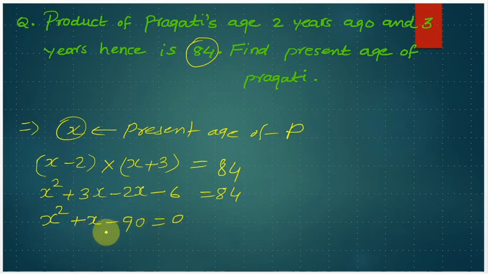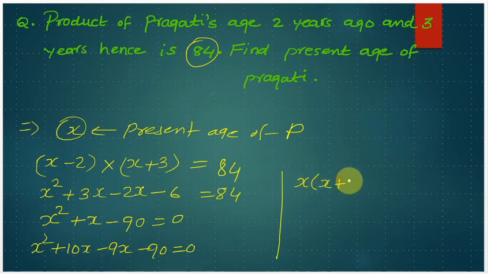Now factorize this quadratic equation. We get x square plus 10x minus 9x minus 90 is equal to 0. So this becomes x(x plus 10) minus 9(x plus 10) is equal to 0.